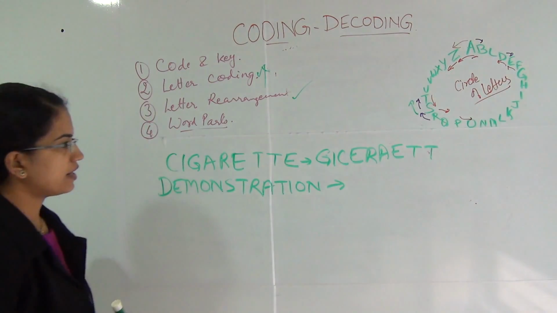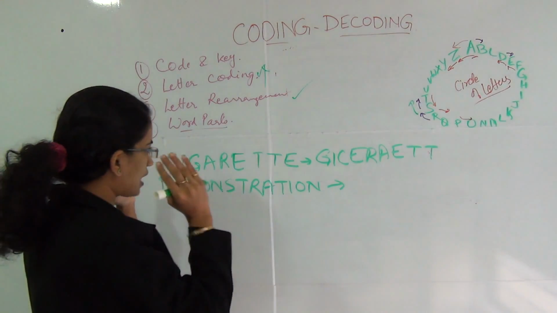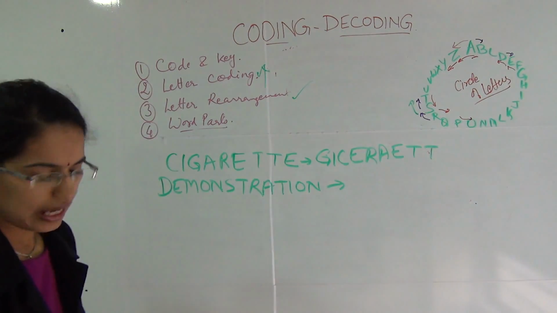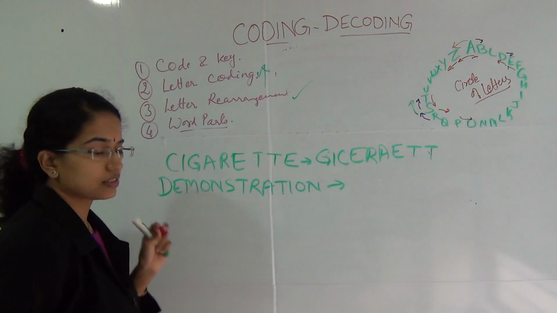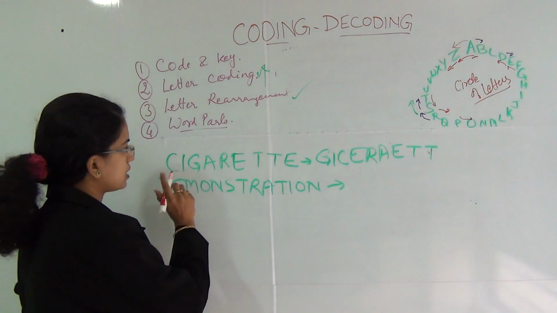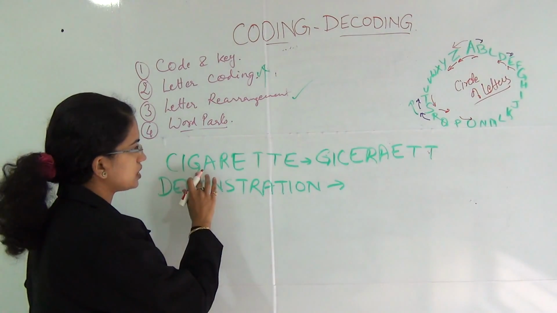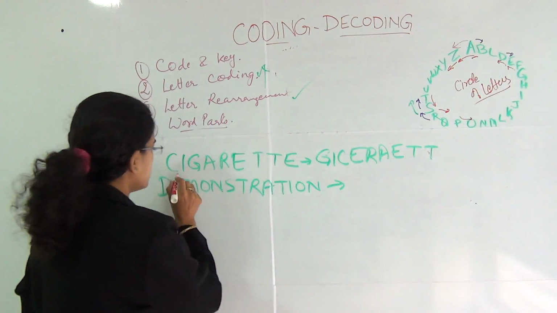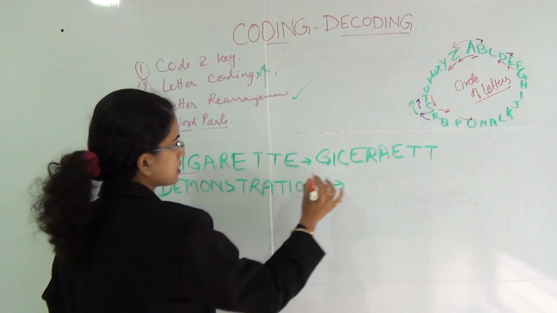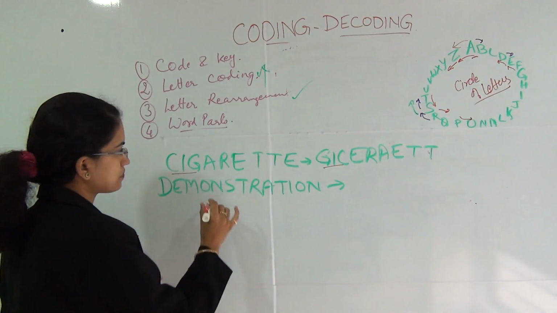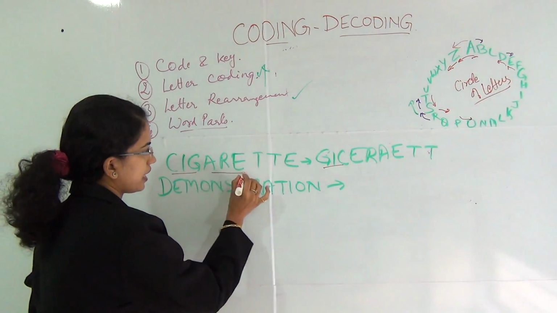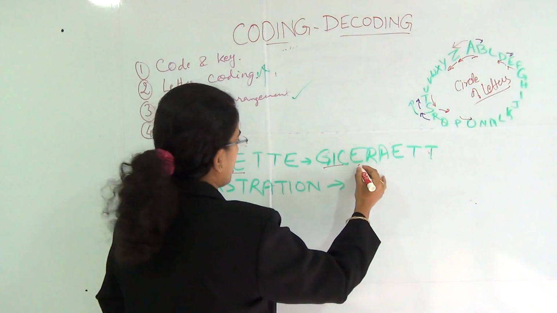So what I'll do is, I'll try to observe it very carefully and see if there is something hidden in it. CIG becomes GIC. So these 3 letters are inversing their order. ARE becomes ERA.